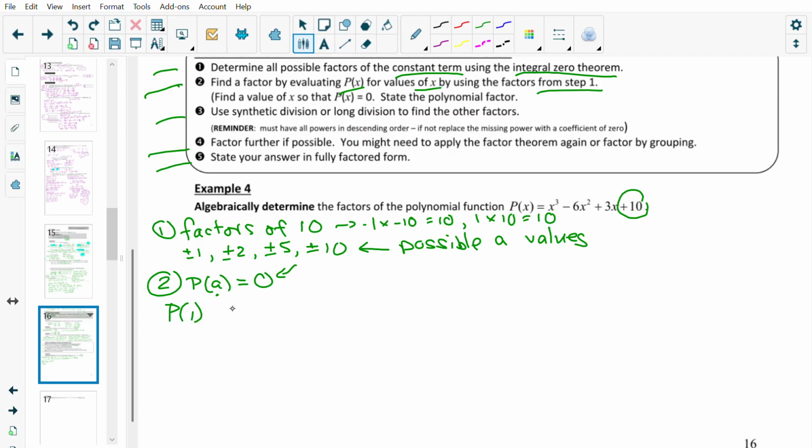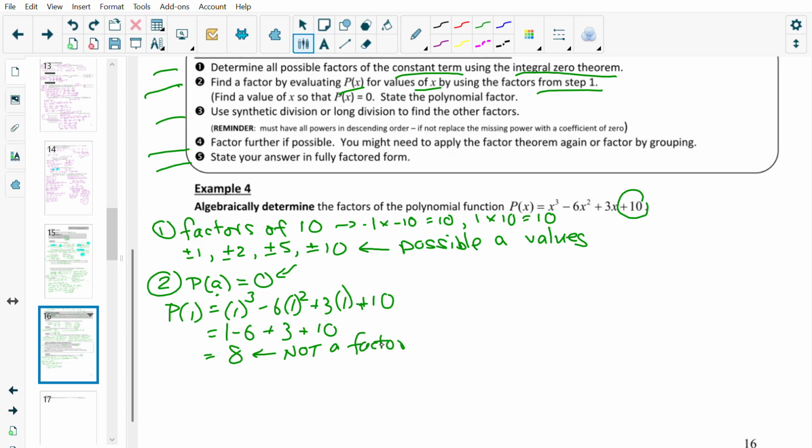P of 1 equals 8. So not a factor. Remember, we're looking for 0, right? Let's try p of negative 1.